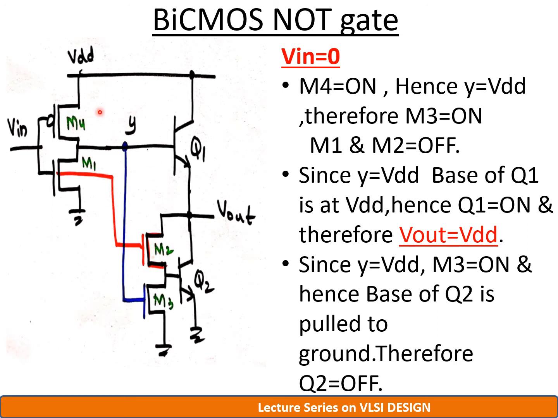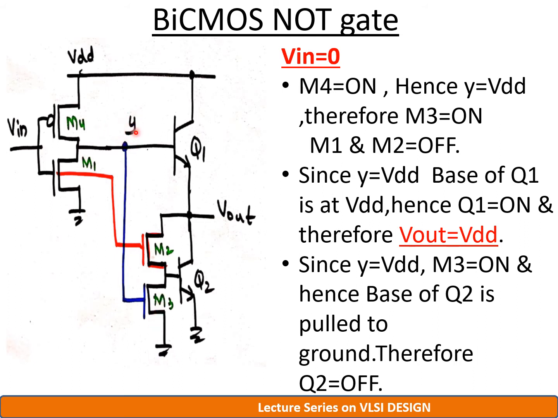Since M4 is on, this Y will be shorted to VDD. So Y will be logic 1, and logic 1 is fed to the gate of M3. So this M3 device will turn on, and the base of Q2 will discharge to ground through the M3 device.